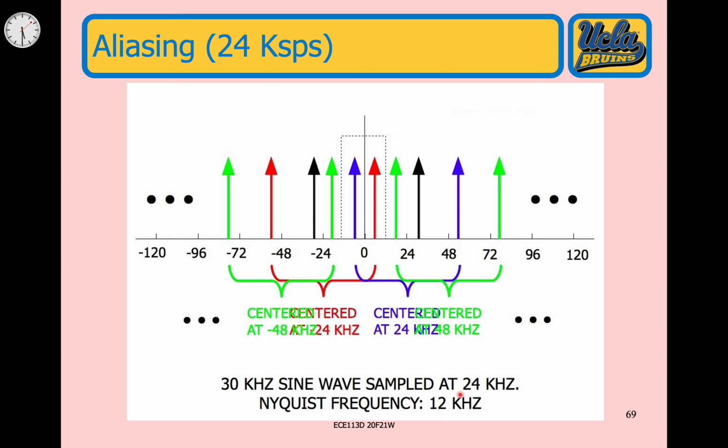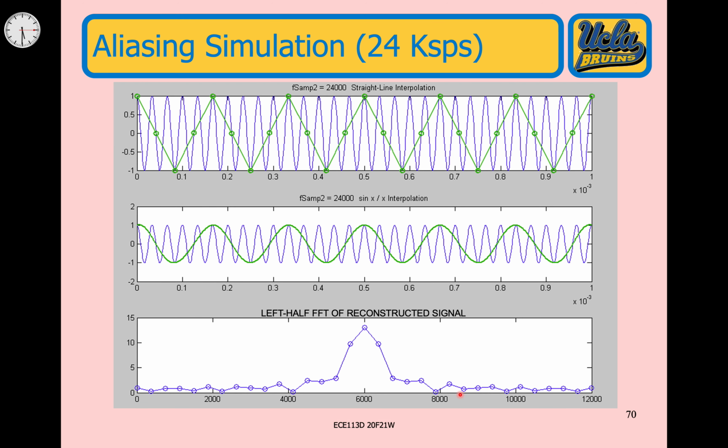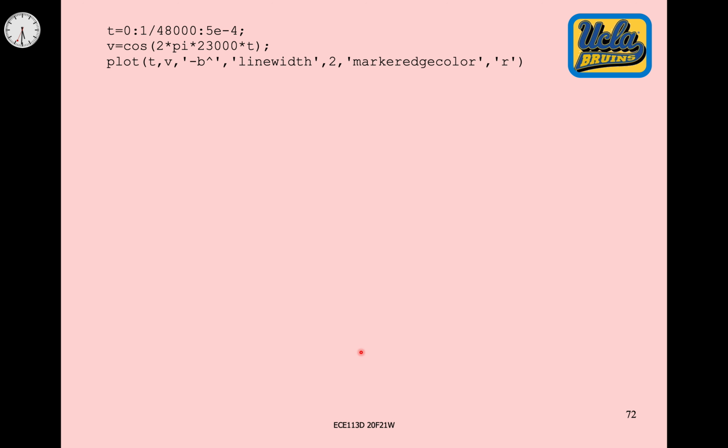And so here's an even worse condition, and I'll let you play around with that if you want. But it's even more egregious, I guess. And here is the peak at 6,000 now. It's a 30 kilohertz signal, and if you have aliasing, it looks like 6,000. All right.